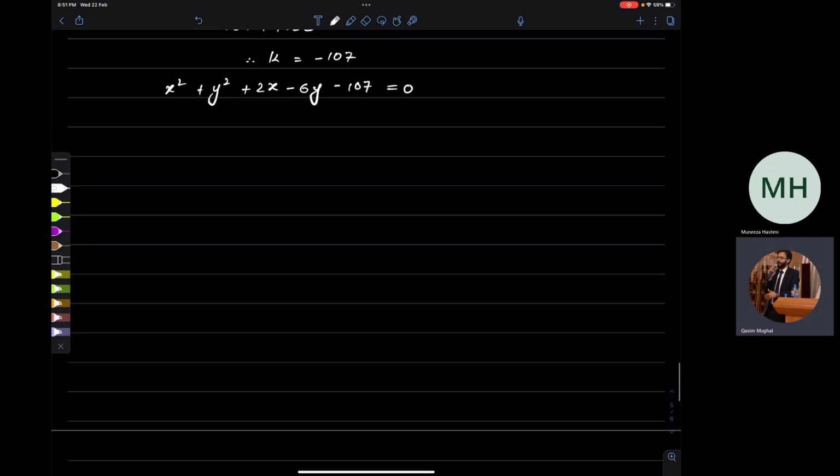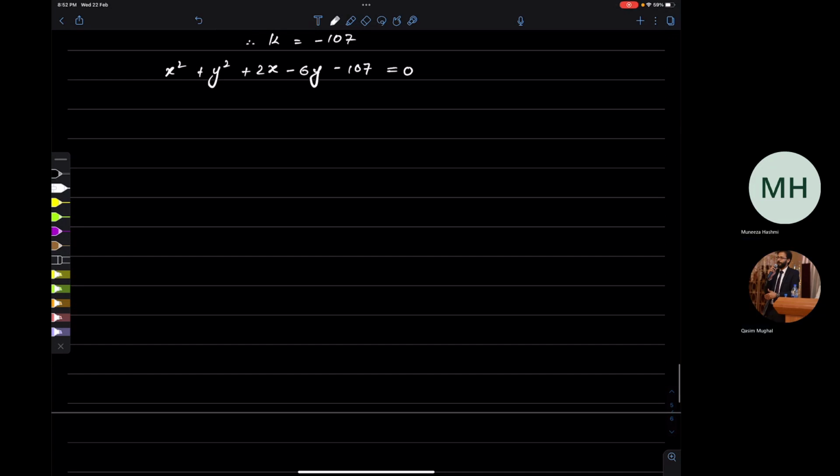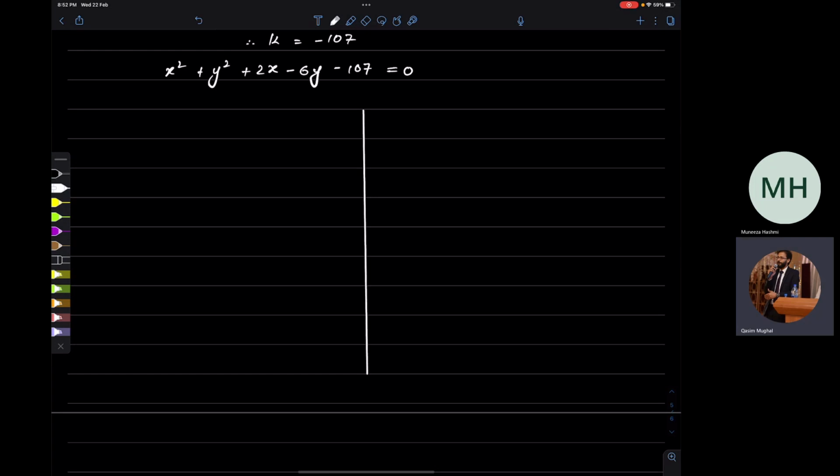Now I have the equation completely. I don't have any unknowns here. Now all I've got to do is find out the center and the radius. Just for the sake of practice, I'll be using both ways. First one, I'll be using this form, x squared plus y squared plus 2fx plus 2gy plus c equals 0.